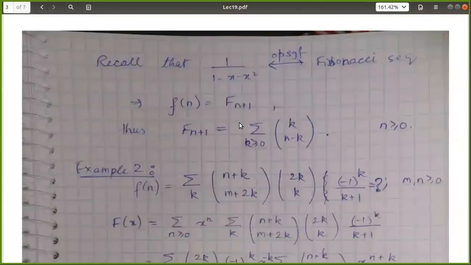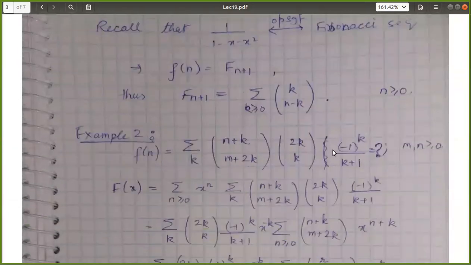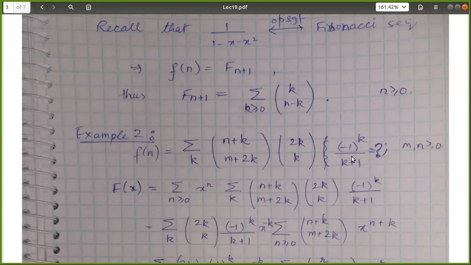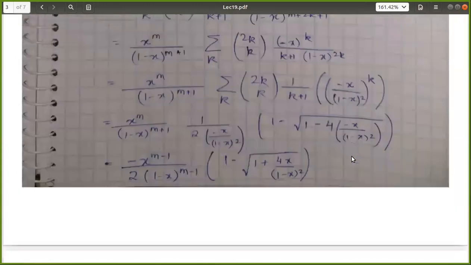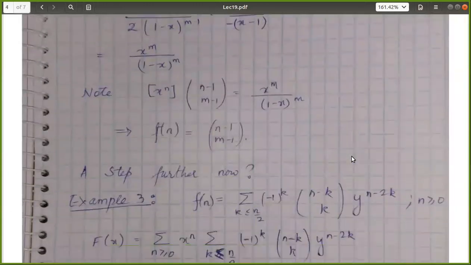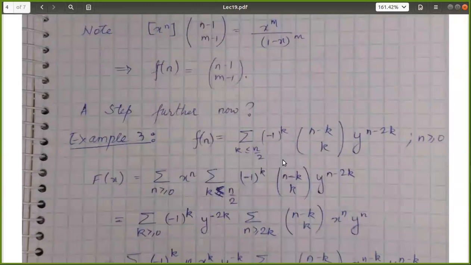The next example which we saw last time was this. Is this a rational function? Is this fn? Sorry, not fn. Is fn a hypergeometric series? Yes, ma'am. Seeing the next example, what about this one?